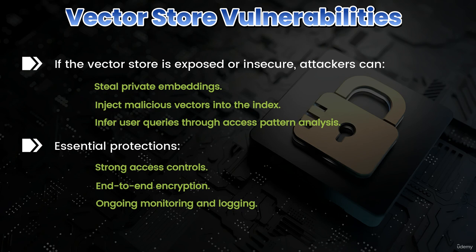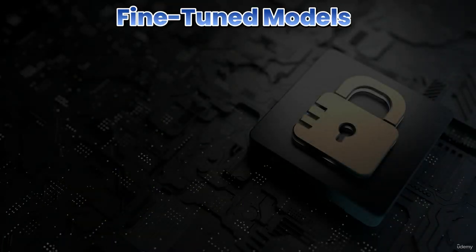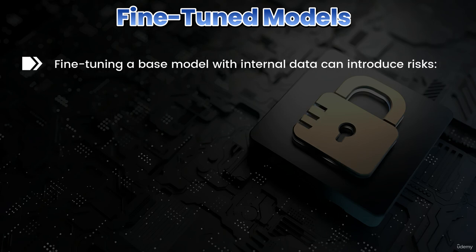And RAG isn't the only architecture with hidden risks. Let's look at a few others you might come across. Some teams fine-tune a base model using their own internal data. It sounds like a smart move, and it can be, but it comes with its own risks. If the training data is poisoned, even slightly, it can introduce hidden backdoors into the model.